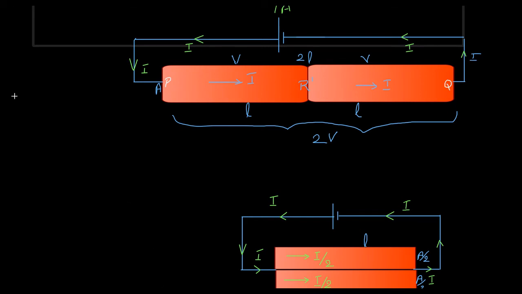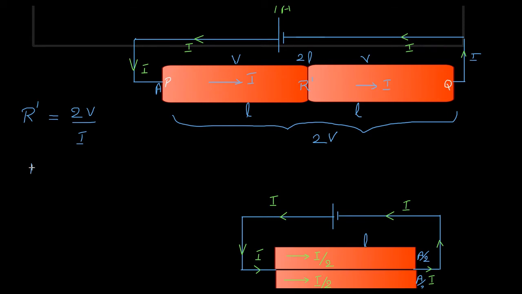then 2V is the potential difference applied. What is the new resistance of the combination of the conductors? We know resistance is equal to potential difference 2V divided by current I. Since they are in contact, they are in series, the same current passes through it.